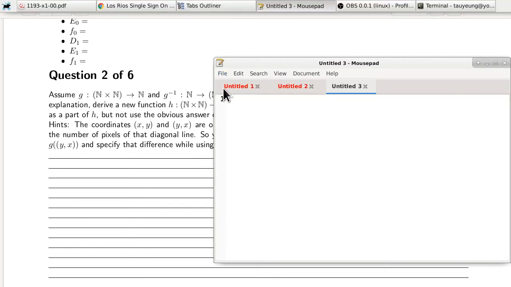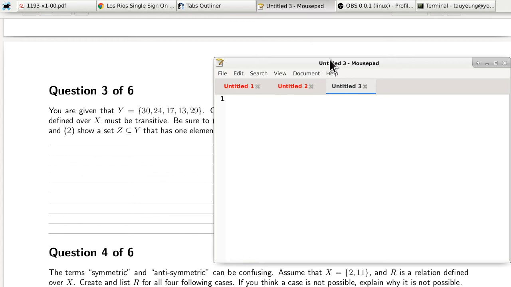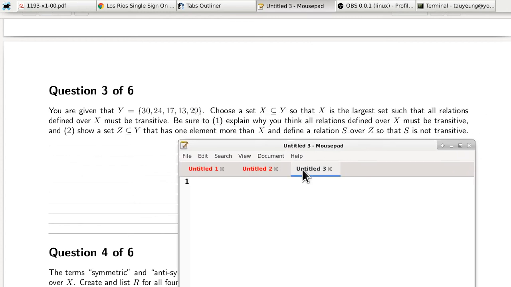Now let's look at number 3. So this is question number 3. You're given a set Y with 5 elements. Choose a set X that is a subset of Y, so that X is the largest set such that all relations defined over X must be transitive. Okay, so let's deal with this one. You start basically with X being the empty set.